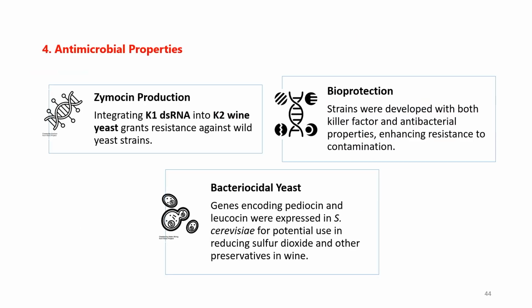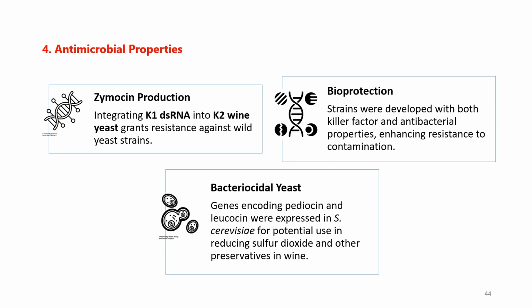So, here some of the important things are the antimicrobial properties. For example, in the case of zymocin production, integrating K1 dsRNA into K28 yeast grants resistance against wild yeast strains.